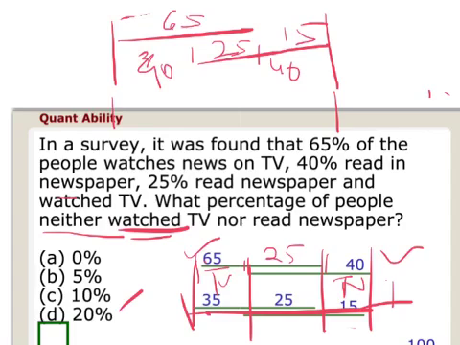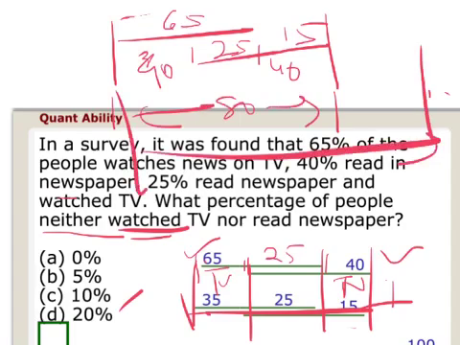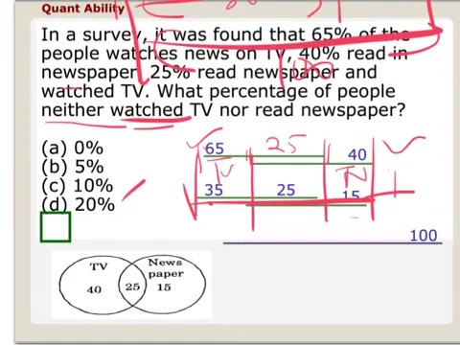So 80 people are doing something out of a total of 100 people. 100 minus 80, so 20 people are doing nothing. I want you to pause the video and try this question again using lines instead of the Venn diagram. Alright, let's try a couple more questions.